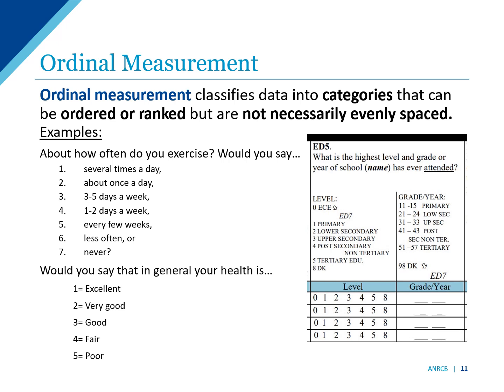Ordinal measurement classifies data into categories that can be ordered or ranked, but are not necessarily evenly spaced. Examples here include ordered categories of frequency of exercise, self-rated general health, and, in the image, the mixed data variable ED5, which contains the responses to a question about the highest level and grade or year of school that a household member has ever attended.